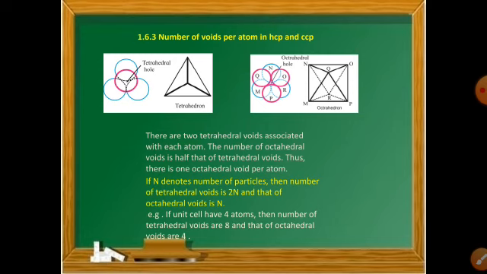Okay, so in today's presentation, we have seen packing in solids. Various forms of packing, that means 1 dimension, 2 dimension, 3 dimension, and again in 3 dimension we have seen different types. So we have seen the packing, then we have seen the coordination number, and the last one is the number of voids per atom in HCP and CCP.